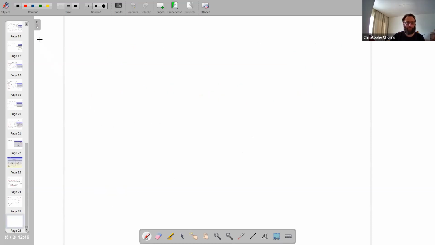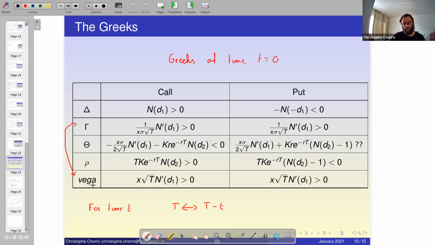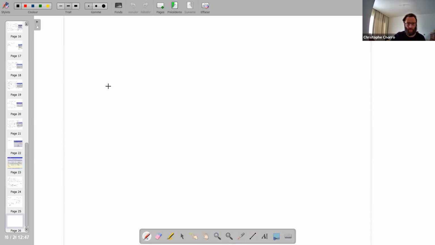Another way is the following. In this table here, you see that the vega, that is the sensitivity of the call price with respect to the volatility, is something that is strictly positive. So I have that the vega at time t, that is the derivative of the price function with respect to the volatility, is strictly positive for a call.